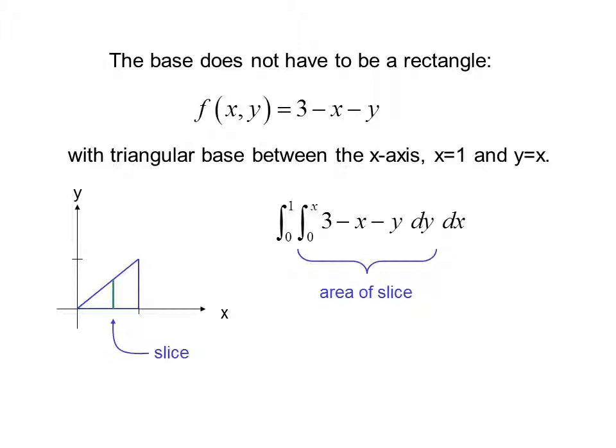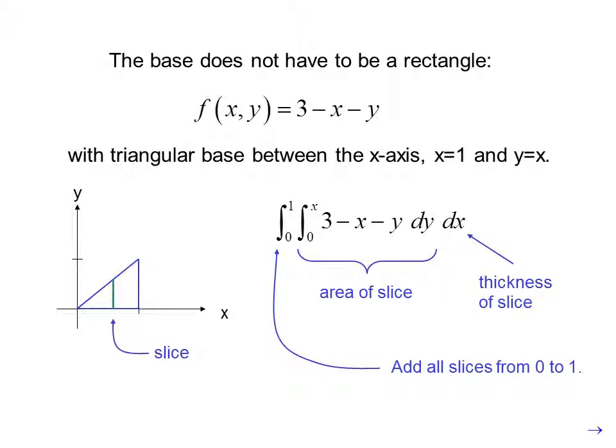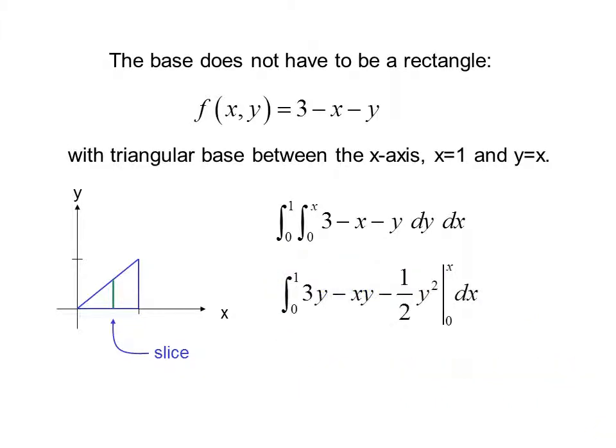So we have the area of the slice, the thickness of the slice, and we add all the slices from 0 to 1. We evaluate the inside integral.